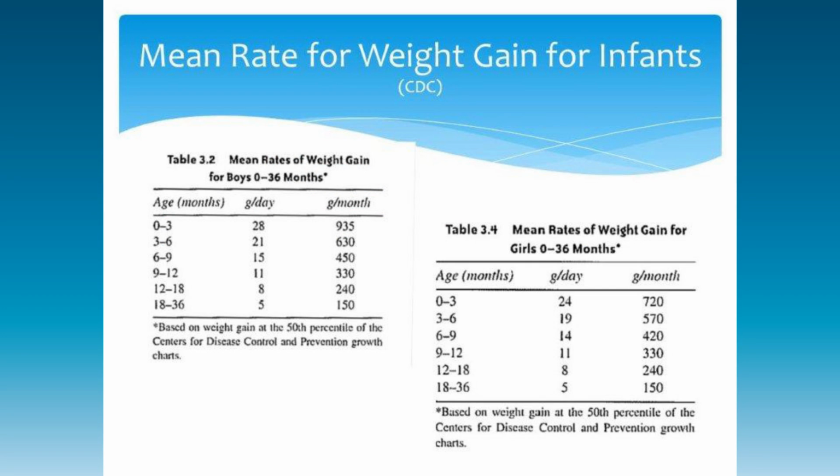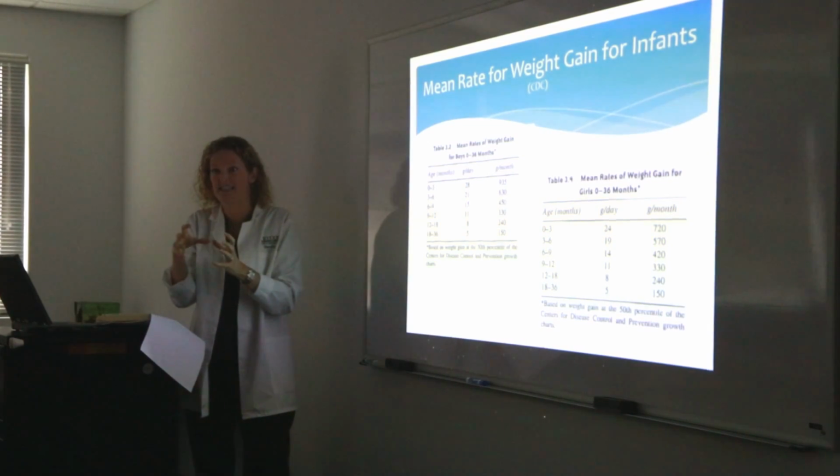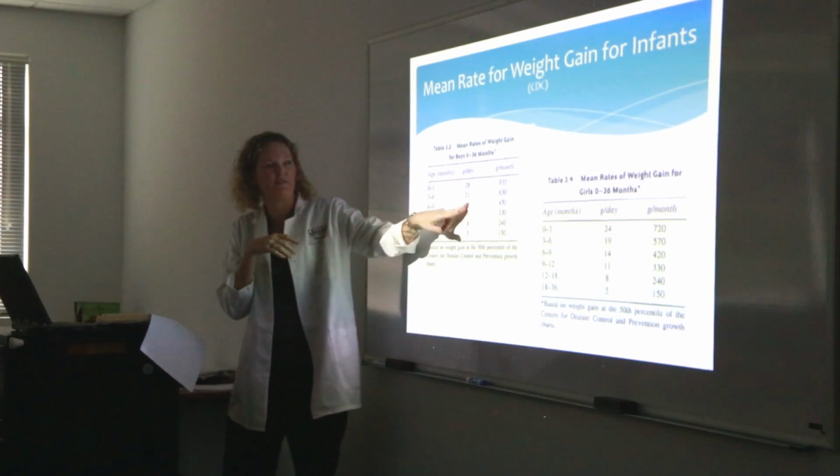These are the charts that I mentioned before about average daily weight gain. So for infants, this is for boys, the one on the right is for girls. You have a 6 to 9 month old boy. He should be gaining 15 grams a day. So if you go see him Monday when he's admitted and you go back the next Monday, you want to see exactly how much weight he's gained, divide it by 7, and you want to compare it to that 15 grams a day.